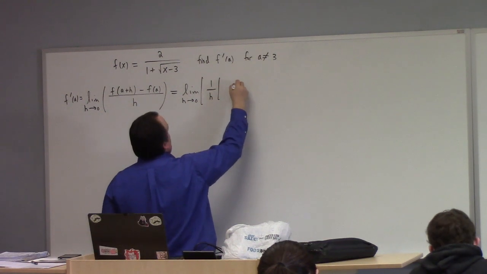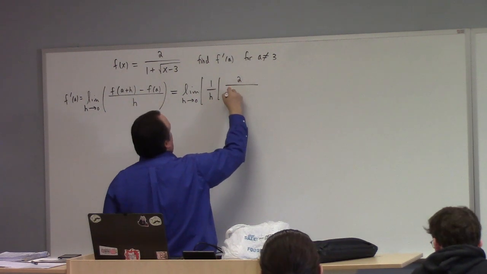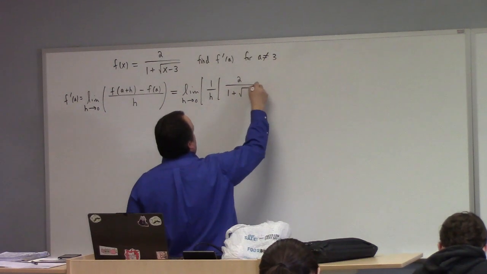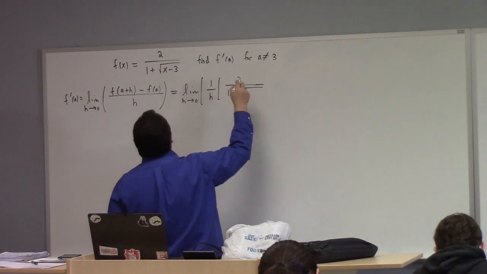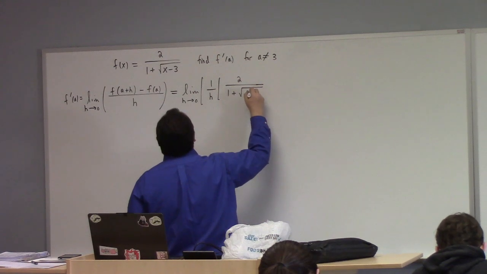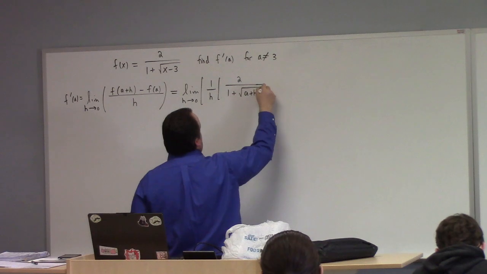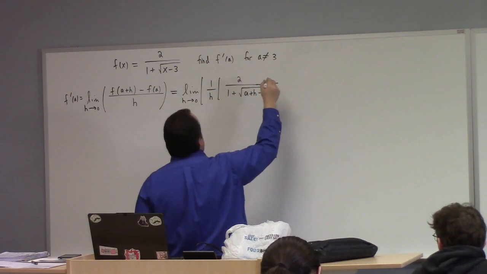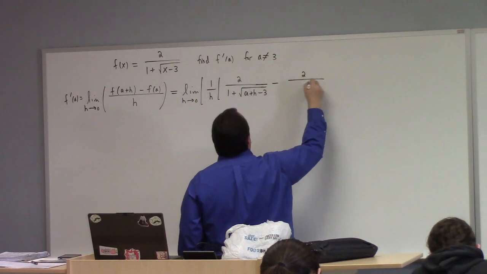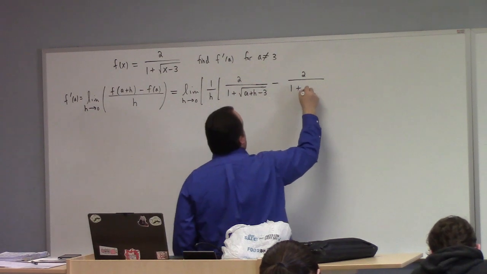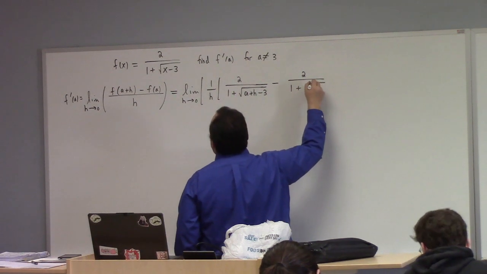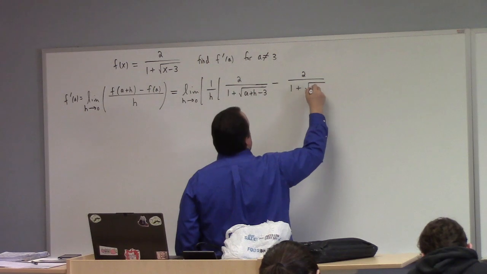I'm going to have a 2 over 1 plus the square root of a plus h minus 3, right? And then I subtract a 2 over 1 plus the square root of a minus 3, right?